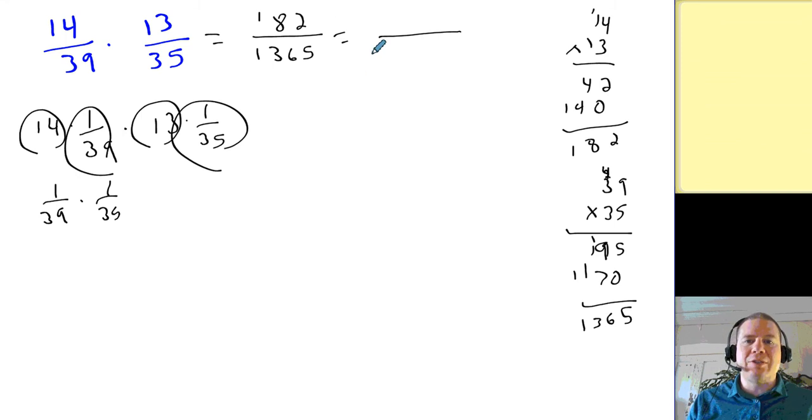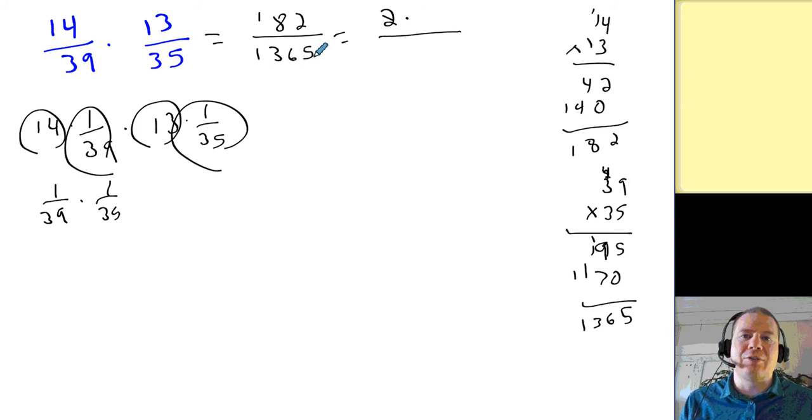Well, 182, that's an even number. Well, 1365 isn't even. There's not going to be a 2 here that I can cancel. So even getting that 2 doesn't get me very far unless something over here cancels with something down here, right? I'm not just looking for factors, I'm looking for common factors.